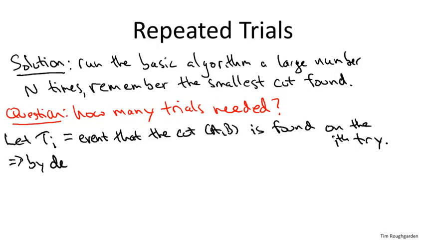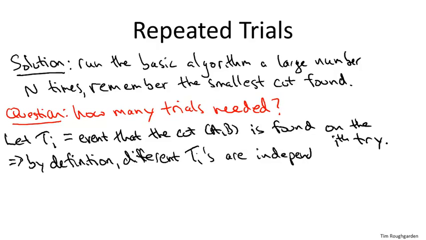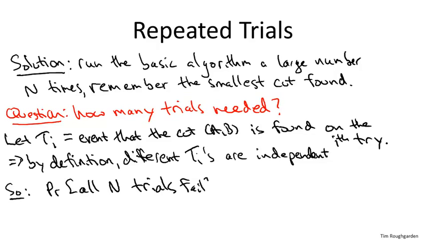Now we know that the probability that a single trial fails could be pretty big. Could be as big as 1 minus 1 over n squared. But here now with repeated trials, we're only in trouble if every single trial fails. If even one succeeds, then we find a min cut. So a different way of saying that is we're interested in the intersection of not T_1 and not T_2 and so on. That's the event that every single trial fails. And now we use the fact that the trials are independent.